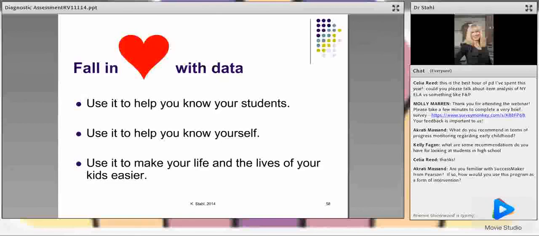I would have a 10-minute part of the time with some kind of decoding or vocabulary morphology skill, with morphemes or syllables, depending on where they are developmentally. That would be 10 minutes.